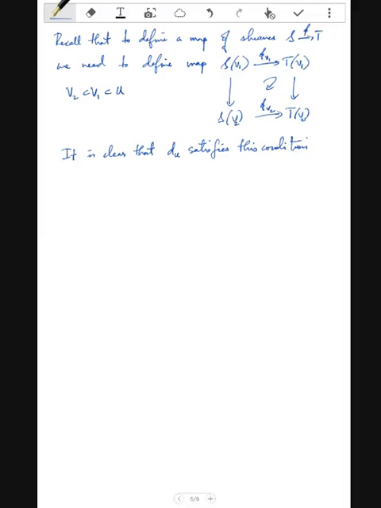Du satisfies this condition since exterior R omega is trivial.